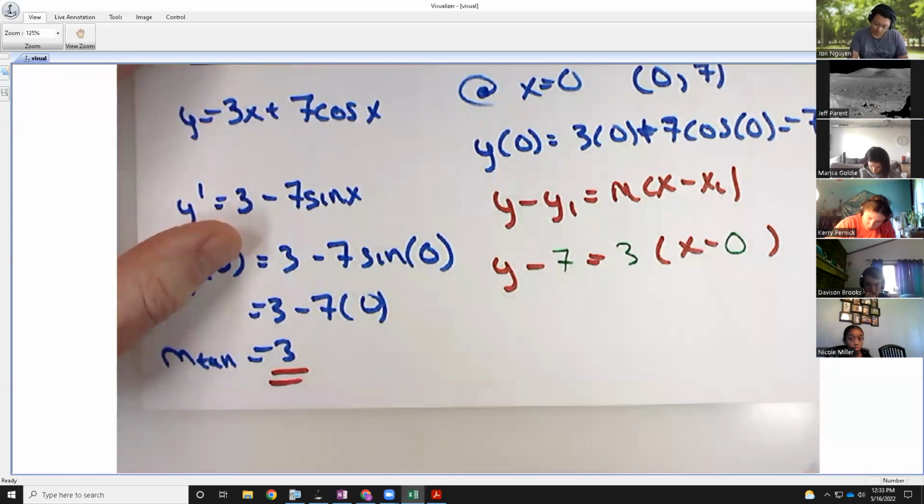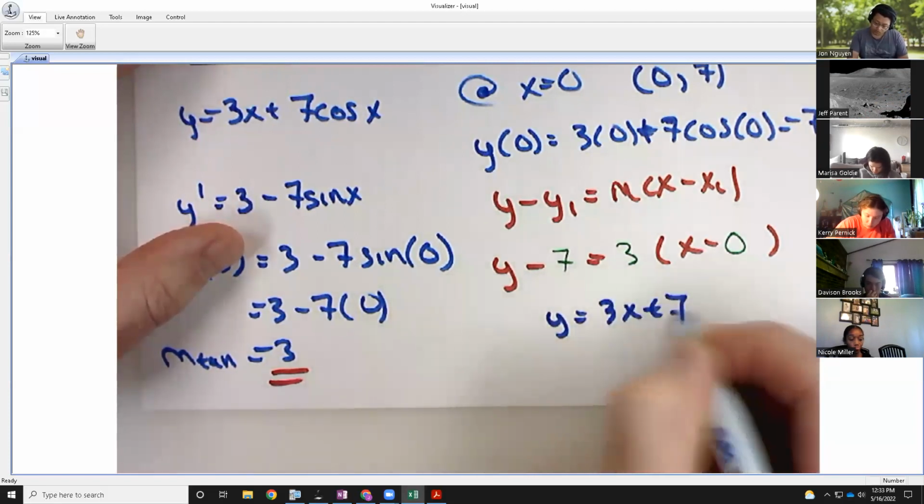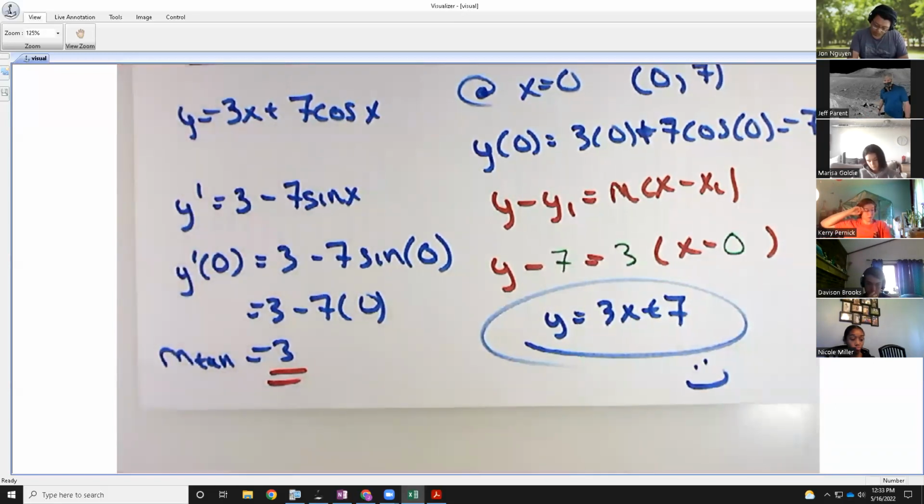When you solve for y, you'll end up with y equals 3x plus 7. Sweet. And again, there's nothing wrong with double checking these things by graphing them on your graphing calculator and making sure that both of those things line up.